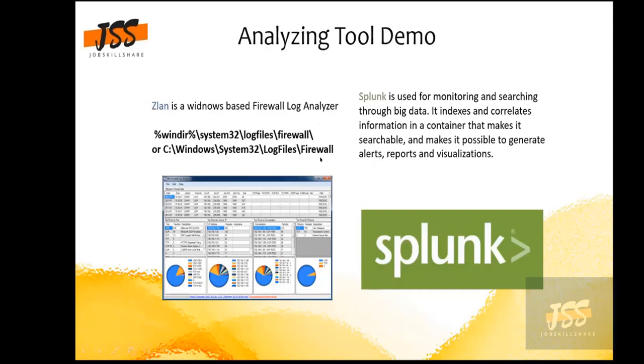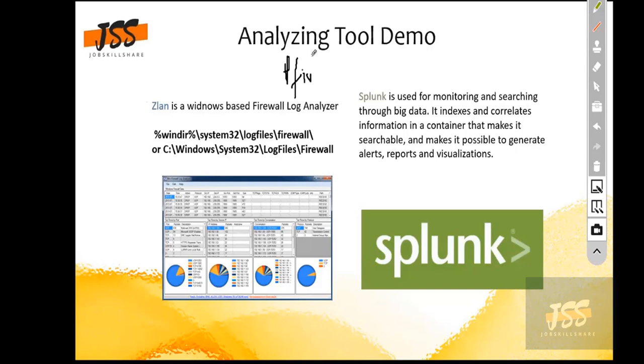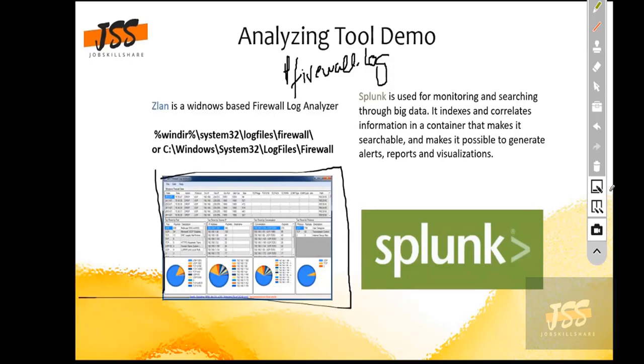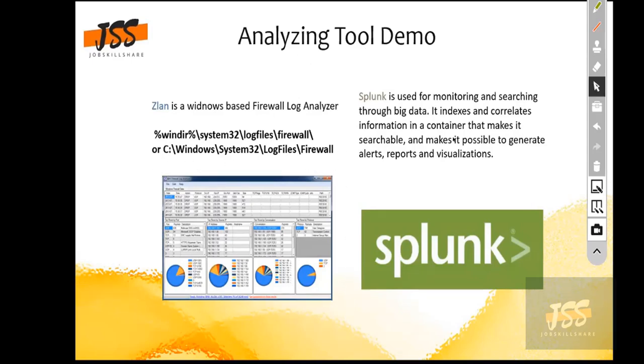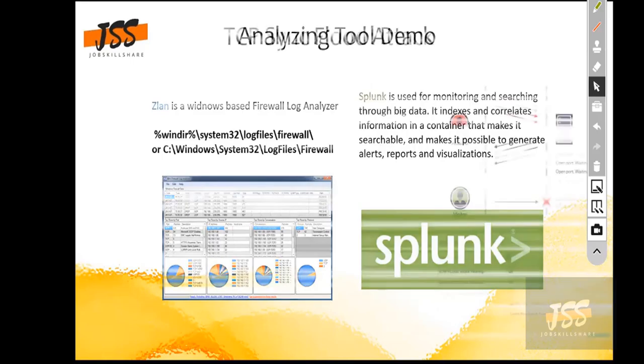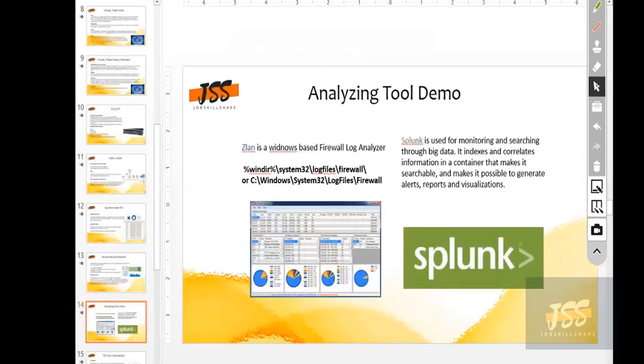You will get a notepad kind of file, which is named pfirewall.log file, which you can just import into this ZLAN to take a look, which I'm going to show you. So just a minute, let me start that file.